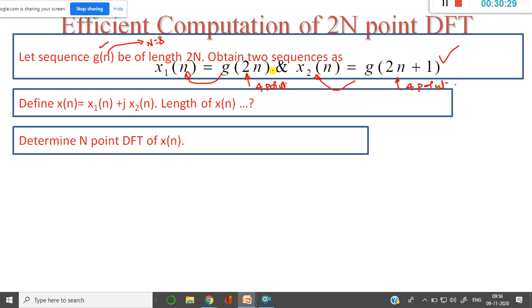Now you have x1 and x2 as two 4-point sequences. In the previous example, you already did it. How do you do it? Same thing. Combine x1 and x2 with a complex value, obtain the N-point DFT, and the further process is very simple. You already did this particular problem. Are you getting this, guys? Very simple and straightforward. I'll just repeat this once again.